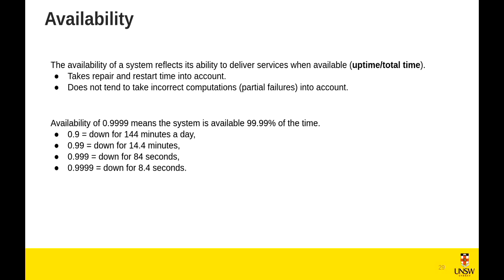So this is just to give you some impression of the numbers here. We can see that 0.9 is actually not considered a high value, right? Imagine Google is down for 2 hours per day, what will happen? So availability should always be very high for those publicly available or widely used services.